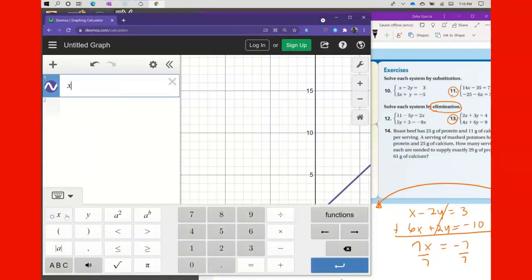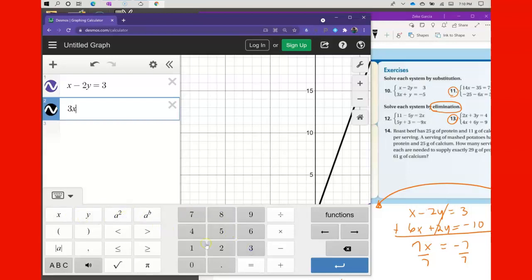So you have x minus 2y equals 3. And then the second equation was 3x plus y equals what? Negative 5.